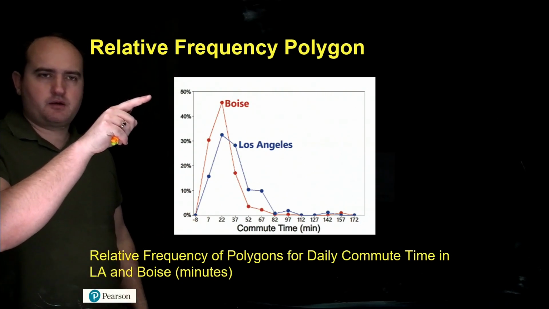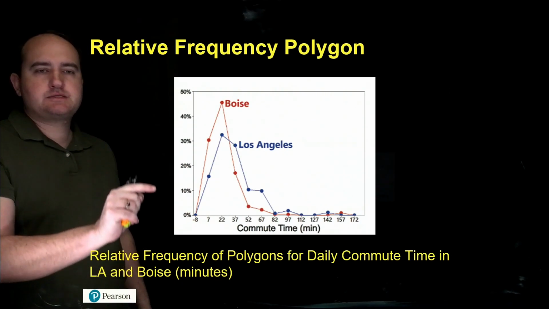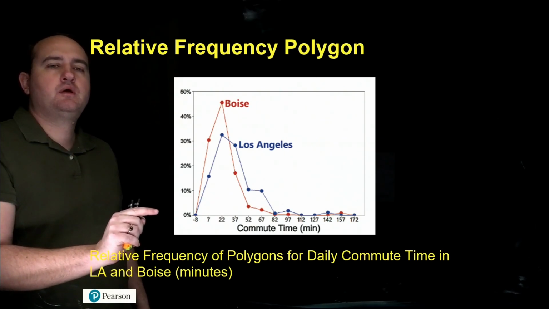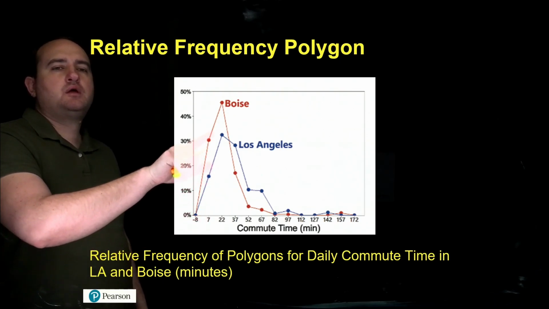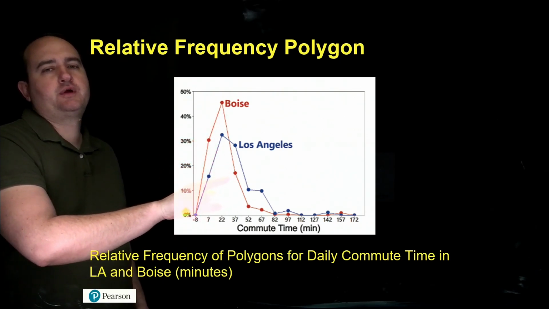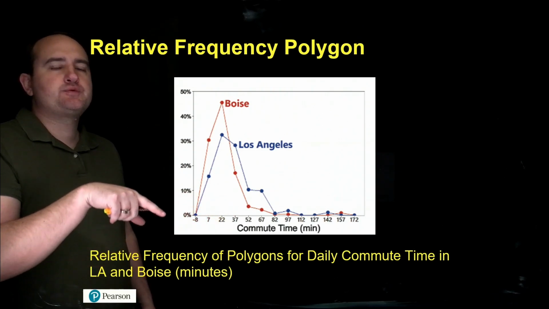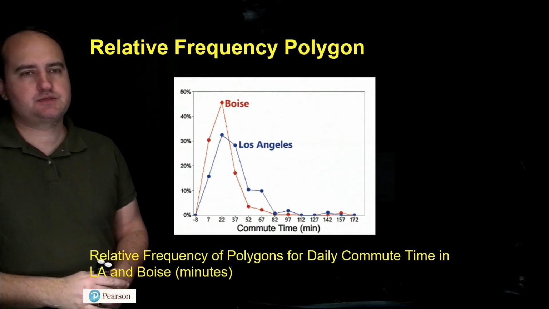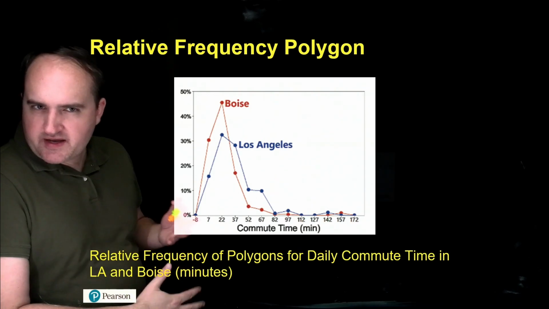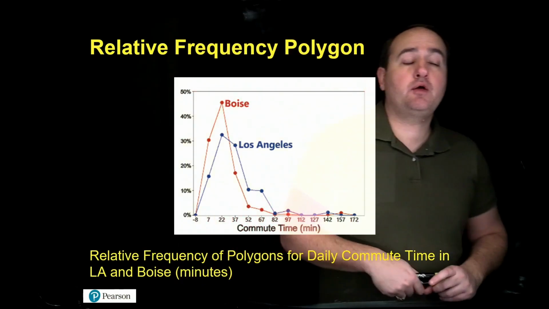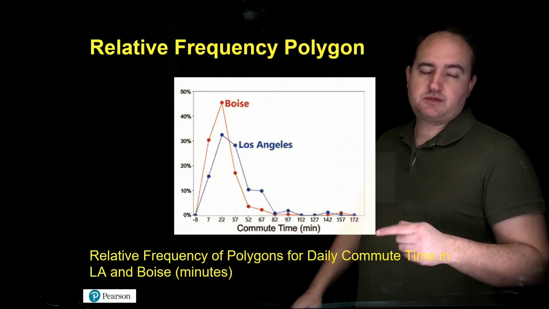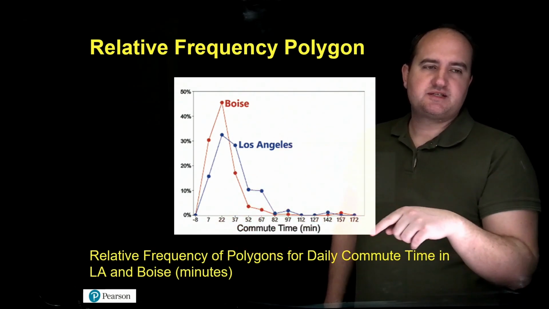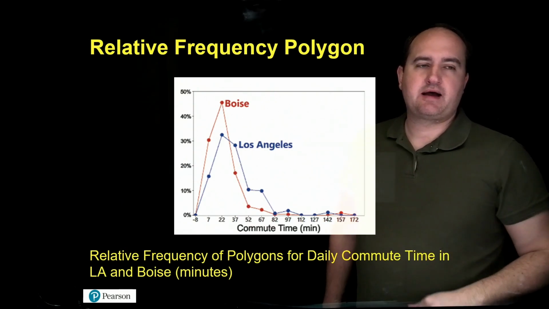Okay, so here, picture's worth 1,000 words. Relative frequency polygon. We can see that the vertical axis, even though they didn't label it, they have percentages here, which means each of these dots represent relative frequencies. And they've multiplied them times 100% to turn them into percentages. And one nice use of relative frequency polygons, such as in this graph, is where you actually have two data sets and you can display them on the same graph.